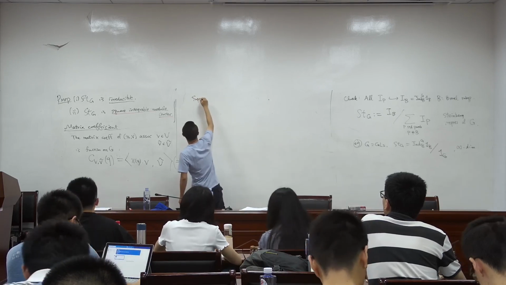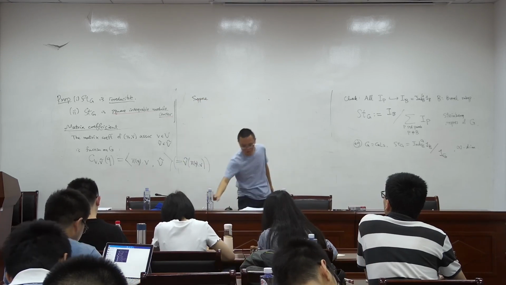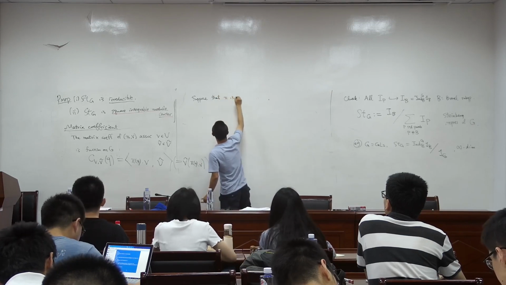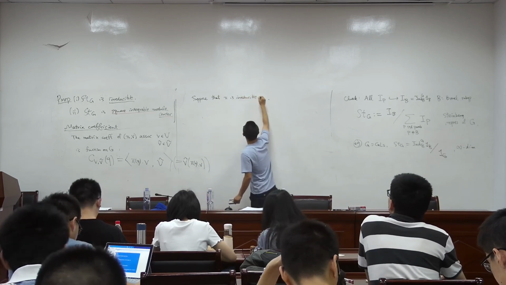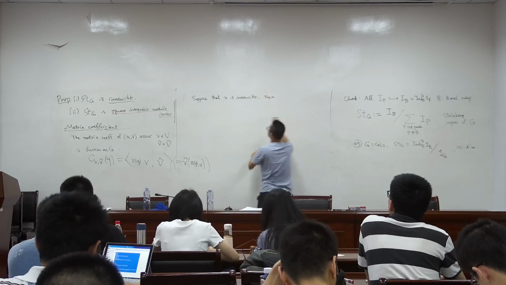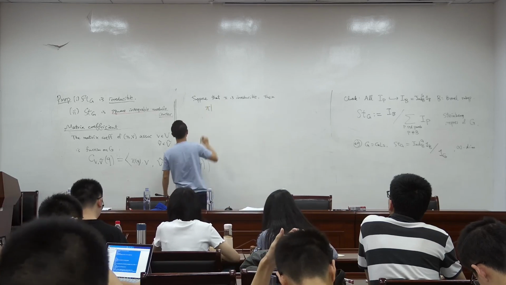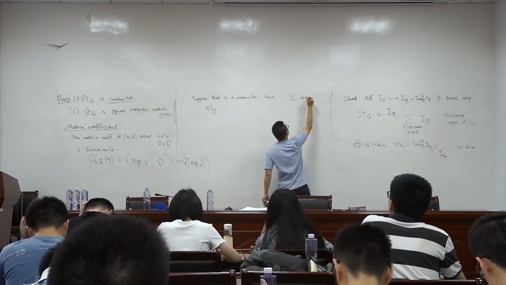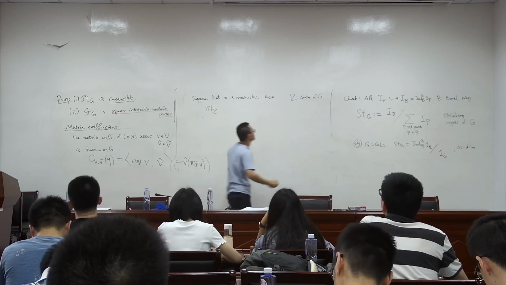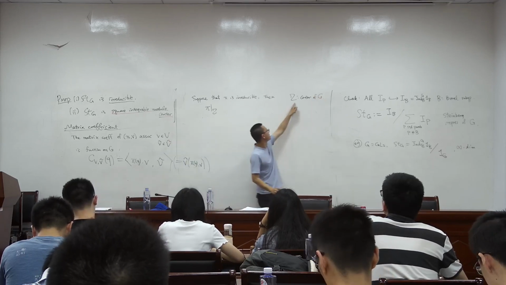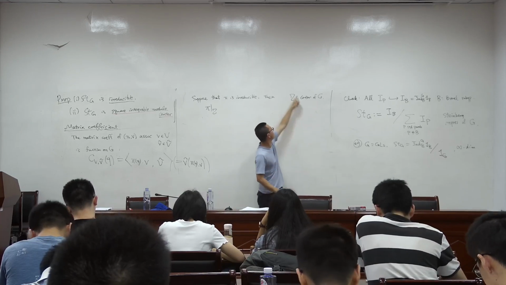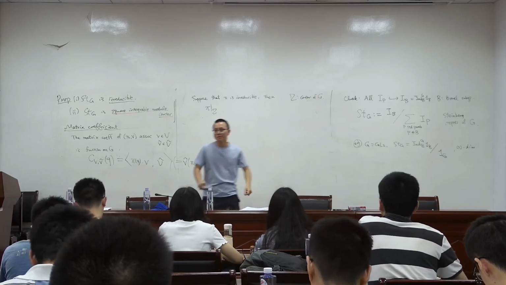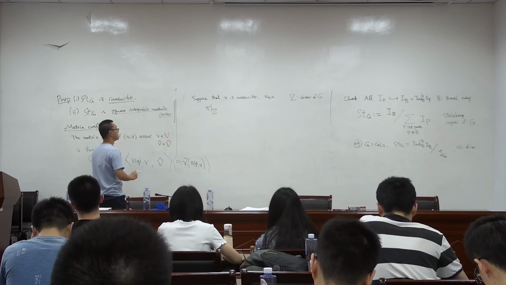Suppose that pi is irreducible. Then you can check what happens if you restrict pi to the center of G. This set Z is the center of G, a subgroup consisting of all elements that commute with all elements in G, the usual definition from group theory.